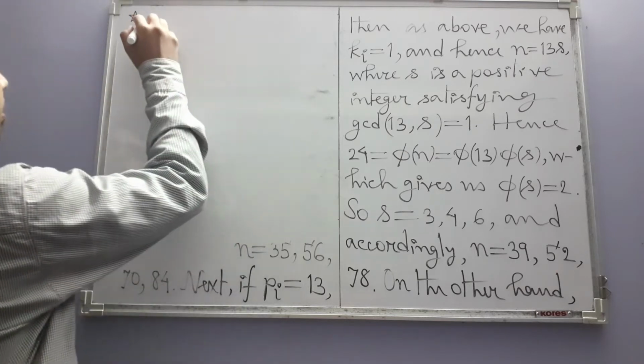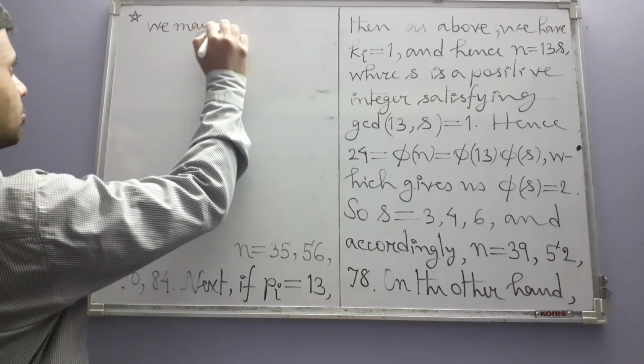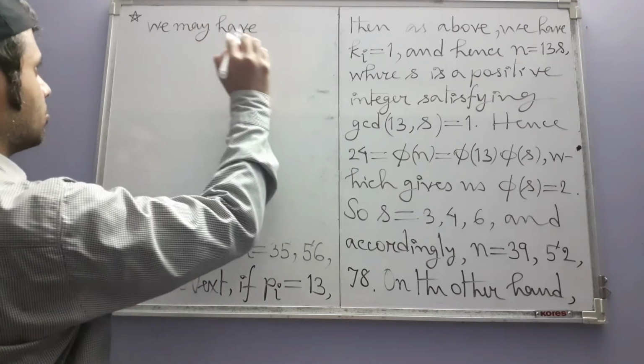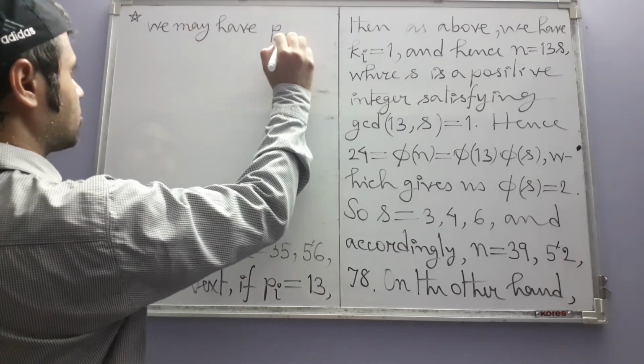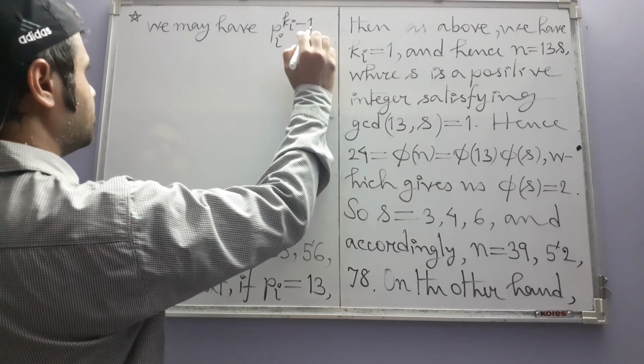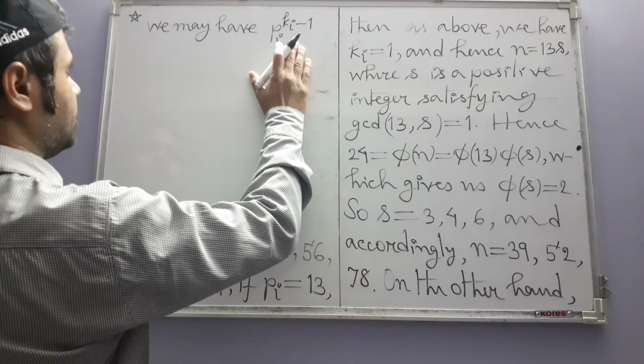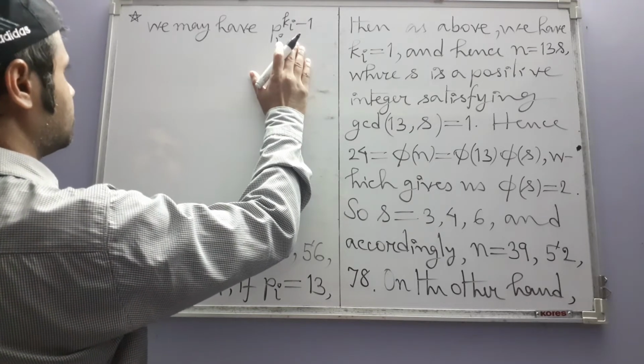On the other hand, B may have pi to the power ki minus 1. Should I at once write this is equal to 3?